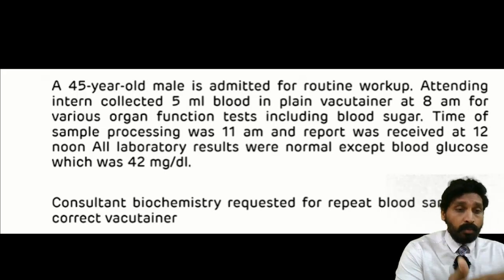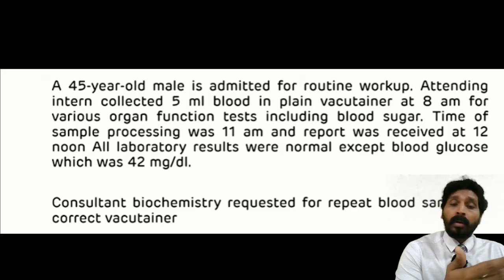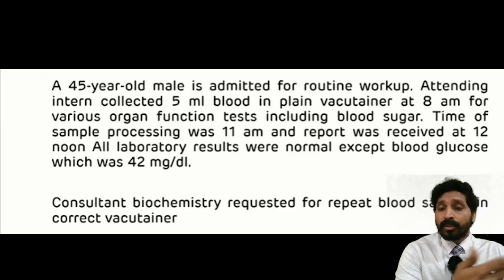And when you collect the blood and bring it to the lab, after centrifuging the blood into plasma and serum, which is the one to make use of for estimation of glucose, that we will also discuss along with this case scenario.